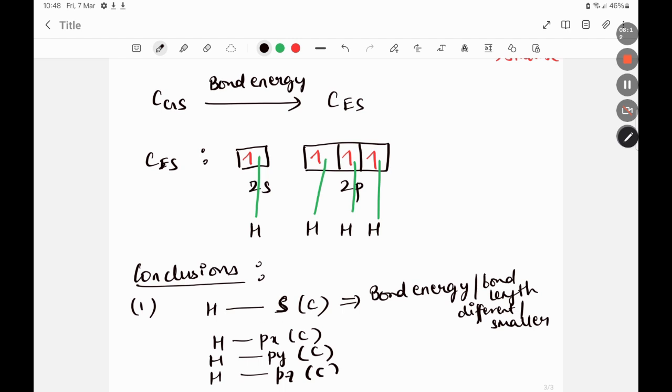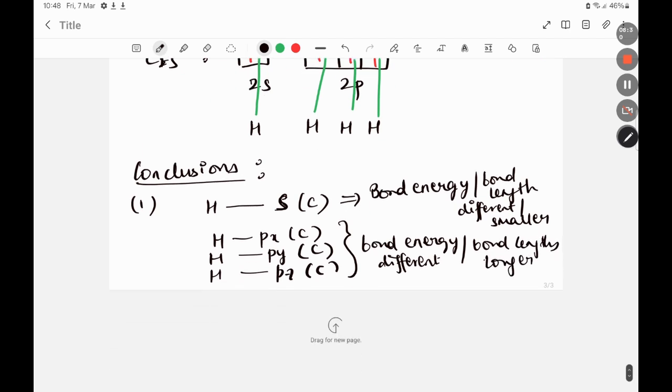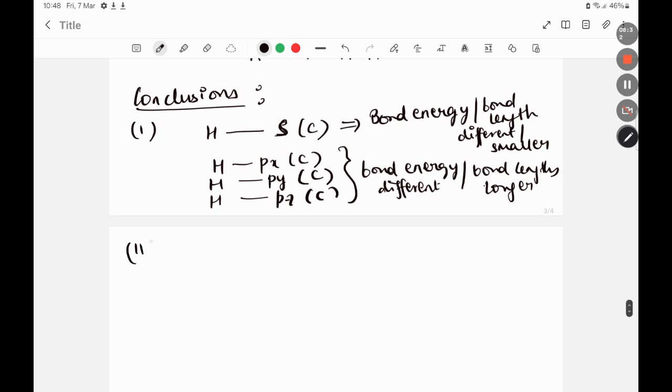But this bond is presumably smaller, and these 3 bonds are longer. So the bond energy is different, and these bond lengths are different.